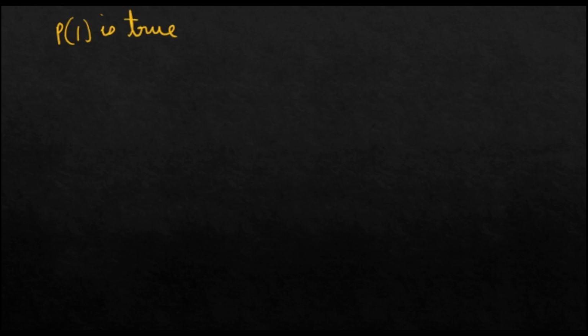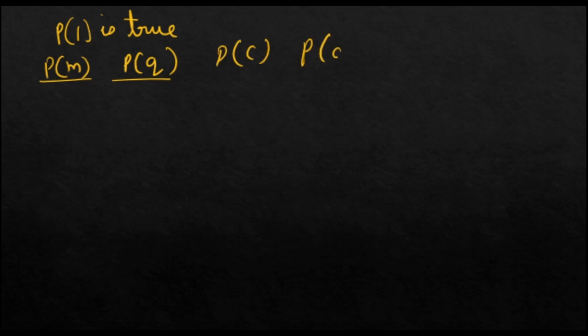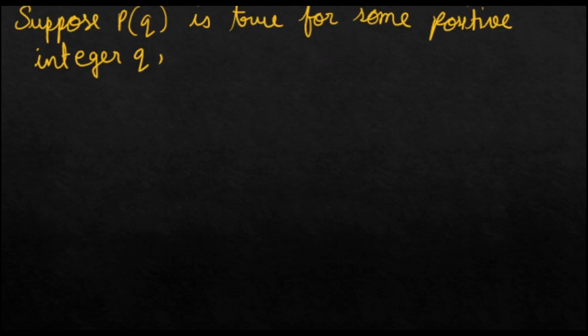Now we are going to prove Pm, but here I am going to take it as Pq, or you can take any alphabet, Pc, Pd, whatever you like. I am taking Pq. Suppose Pq is true for some positive integer q, that is, again the same binomial expression but with a different index notation.